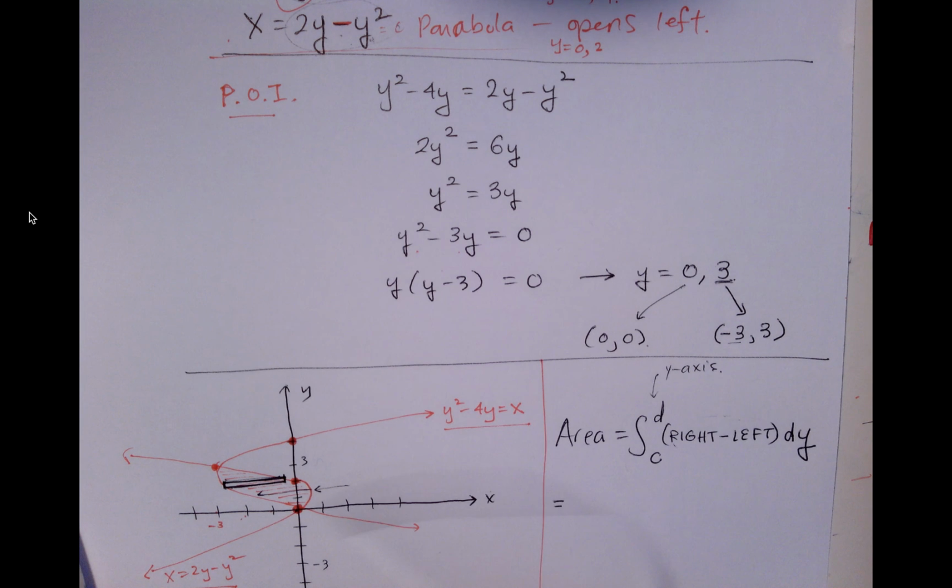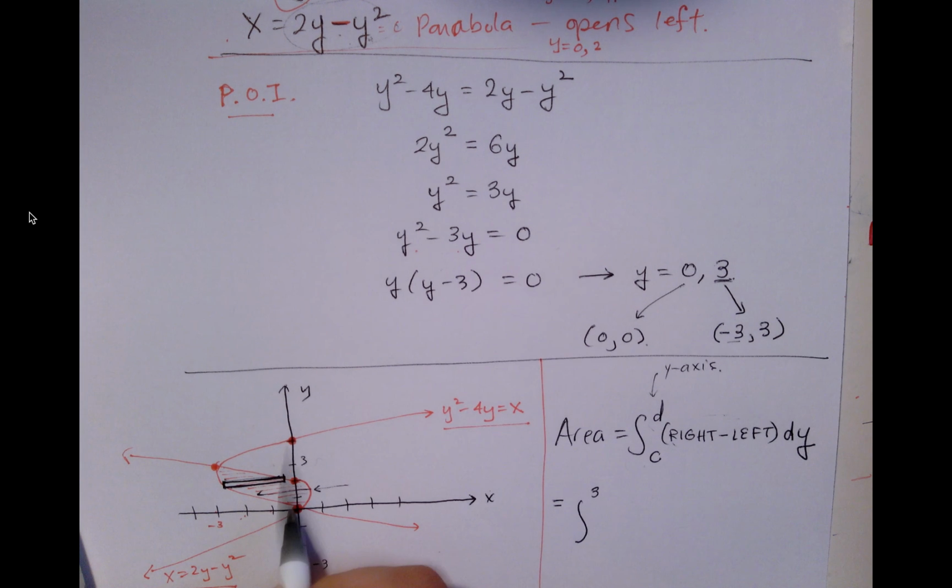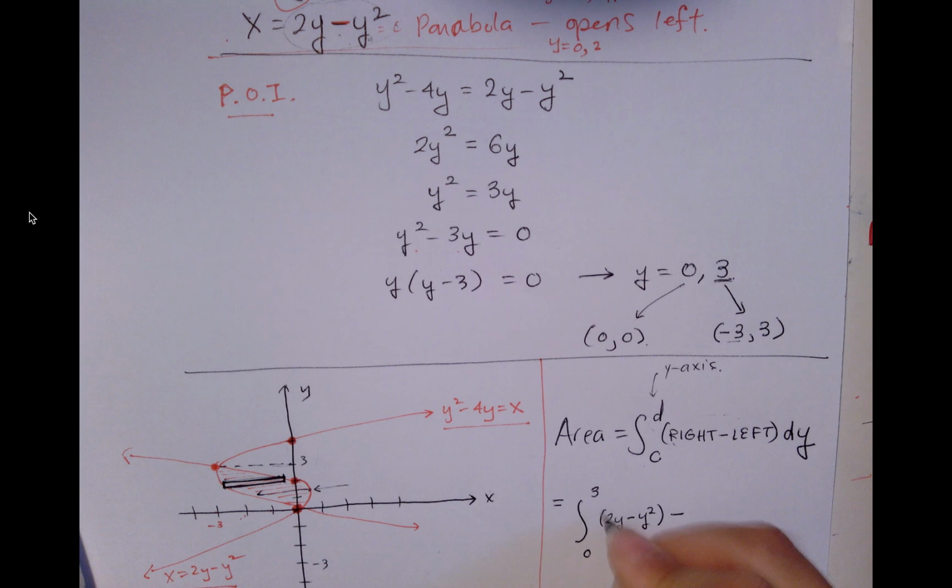Okay, so my upper bound of integration appears to be 3. My lower bound is 0. That's where the rectangles end. My right function is the left parabola, and my left function is the parabola that opens upward, or right direction.